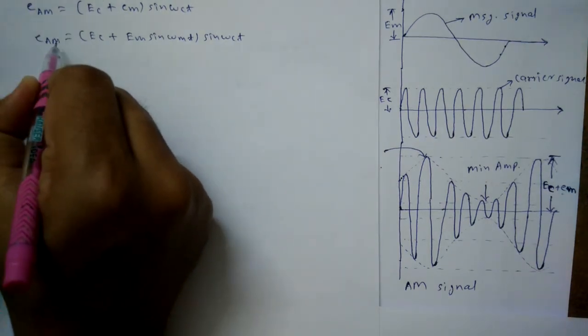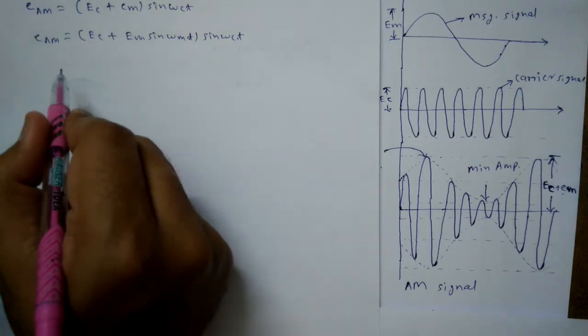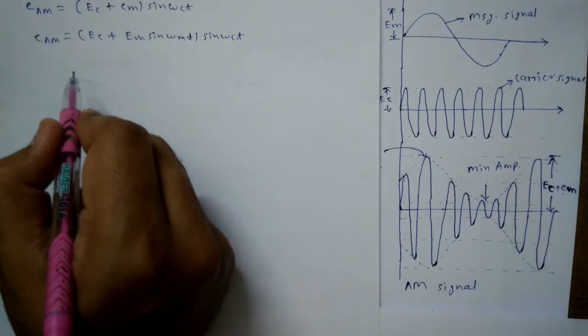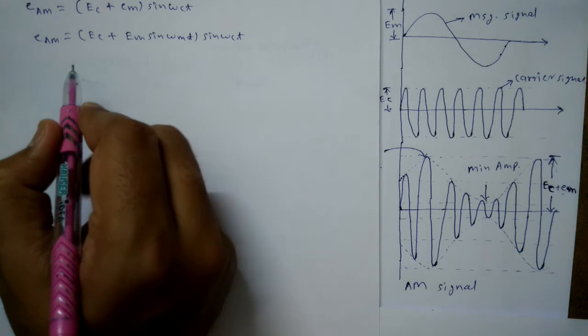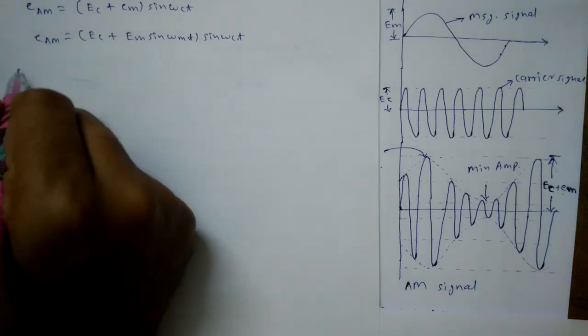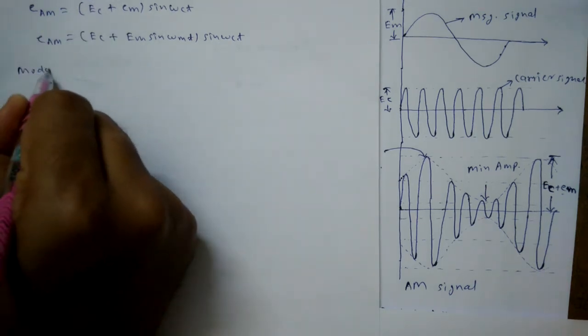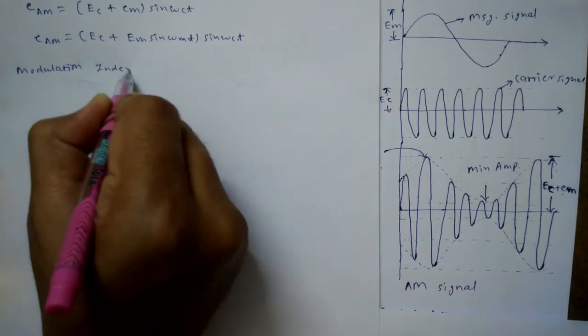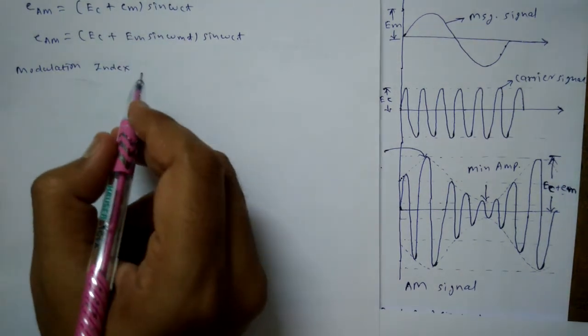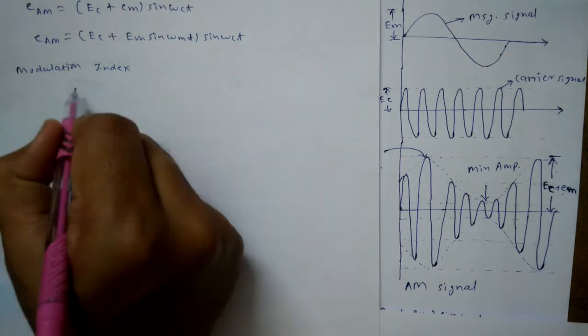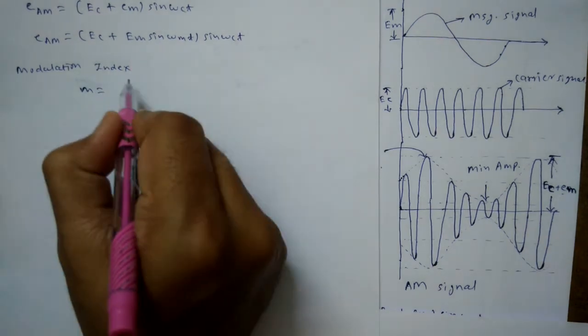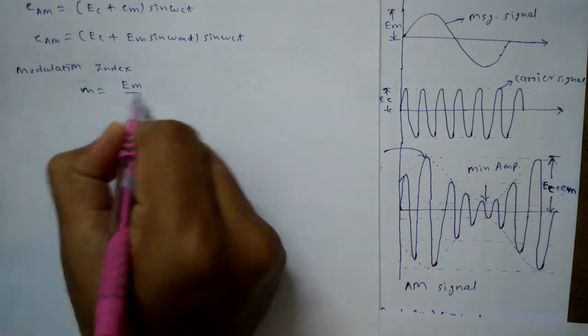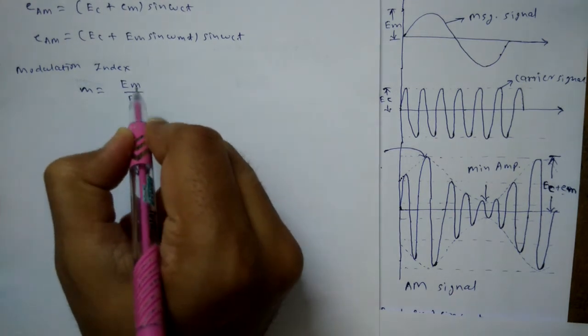Now before going further, I want to introduce one more concept here. There is one concept which is called modulation index. Basically, it is defined as m equals EM by EC, where you know what EM is.